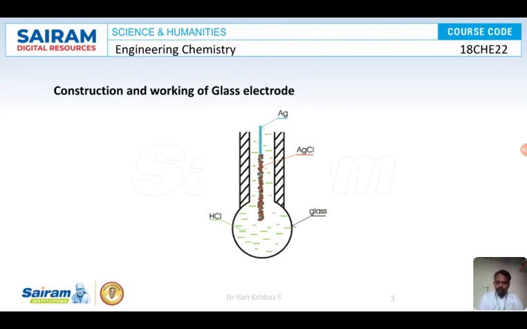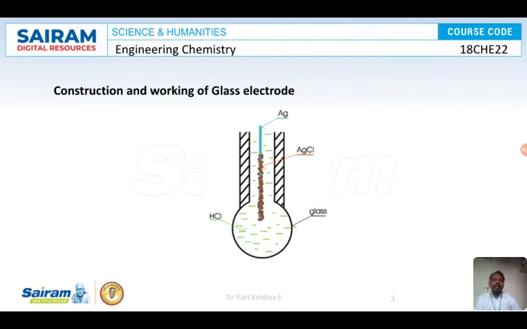So the glass electrode is an example of an ion selective electrode. The glass electrode is made up of a special type of glass membrane. The bulb you have is made up of a special type of glass with low melting point and high conductivity. Why the conductivity should be high, I'll tell you. So, high conductivity and low melting point.